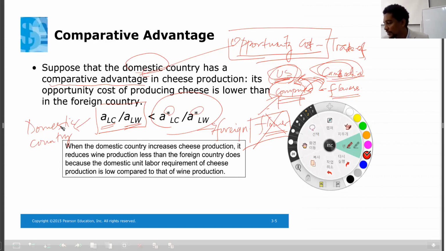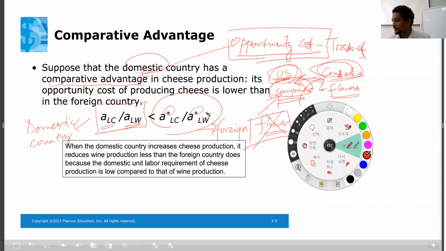Cheese. Okay, so a domestic country will produce cheese because its opportunity cost of producing cheese is lower than the opportunity cost of producing cheese in the foreign country. Okay, so when the domestic country increases cheese production, it reduces wine production.